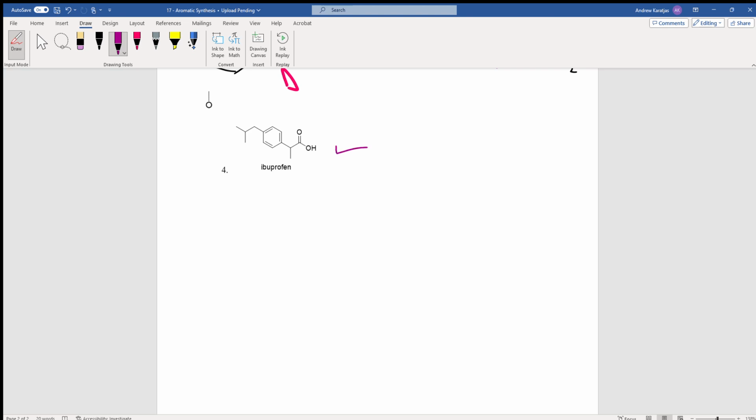Well, I look at that carboxylic acid as probably being a really good place to start. We need something that we can make into a carboxylic acid. So if I have an alcohol there, then I can use Jones reagent to oxidize that all the way up into the carboxylic acid.